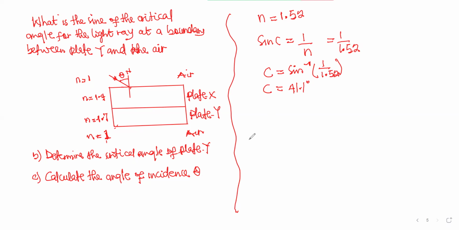Then B, determine the critical angle of plate Y. So I had 36.16 degrees. Okay, so 0.59, and then what's your answer again? 36.16.